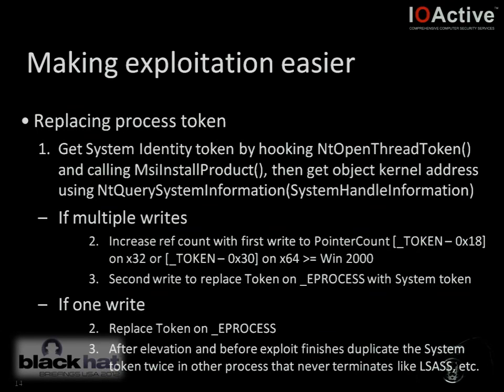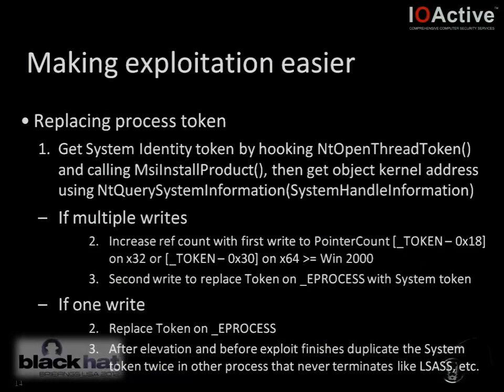But if you have only one write, there is a solution also. What you have to do is just replace the token, and then after elevating privileges, you can duplicate that token into a process that never terminates, like LSASS. Because when you duplicate that, you make sure that token will never be destroyed by the system.